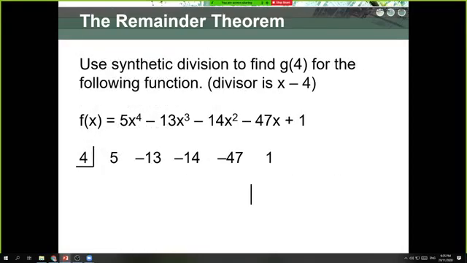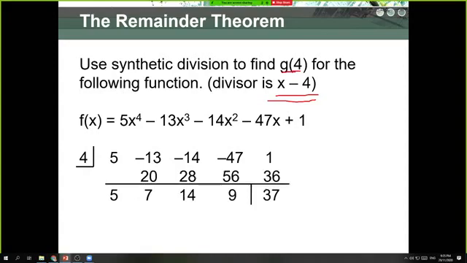Let's use synthetic division to find g of 4. When I say g of 4, the divisor is x minus 4. So just take note of that.